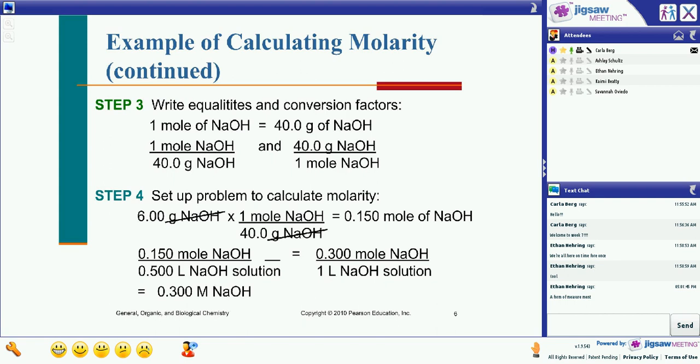There are 2 conversion factors for every problem. Then you are going to decide which one you need based on what you are trying to find. So my conversion factor is 1 mole of sodium hydroxide over the number of grams. A mole of sodium hydroxide is equal to 40 grams of sodium hydroxide. So we place them over each other.